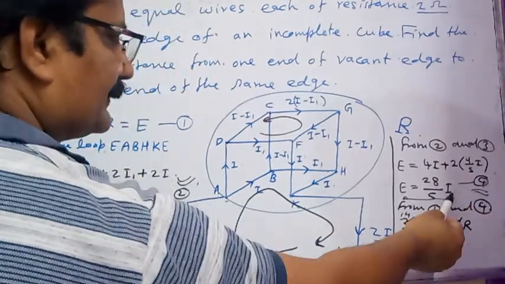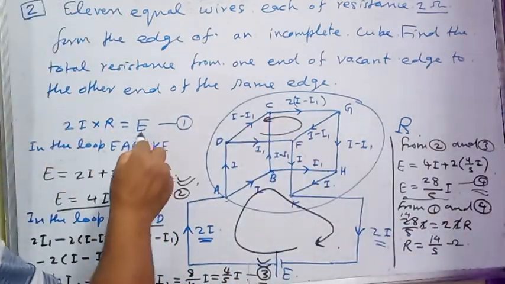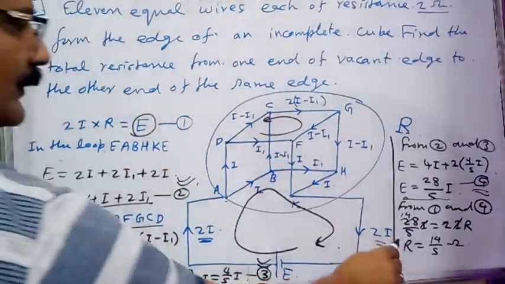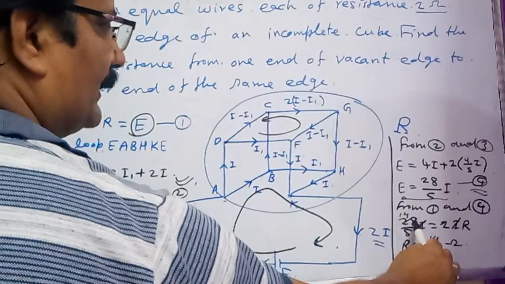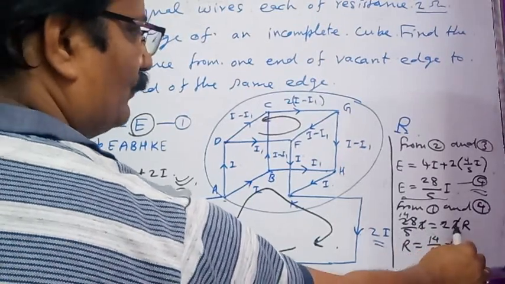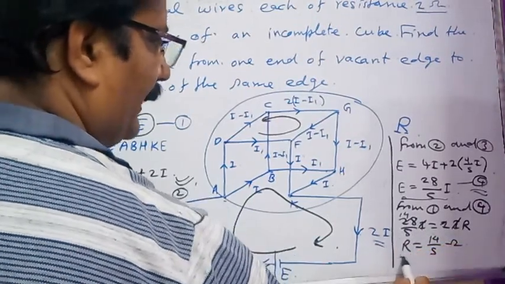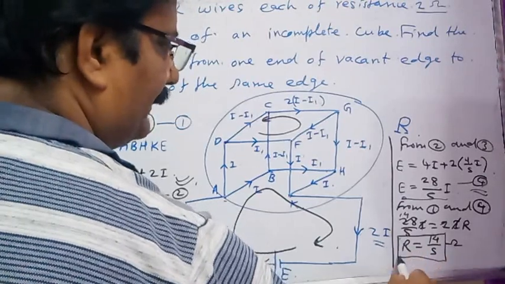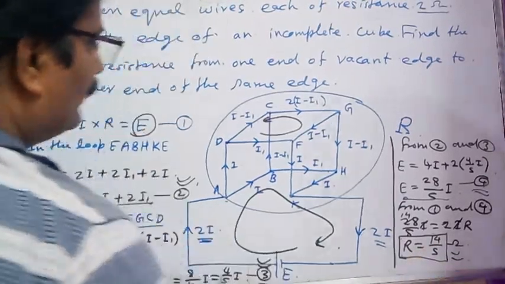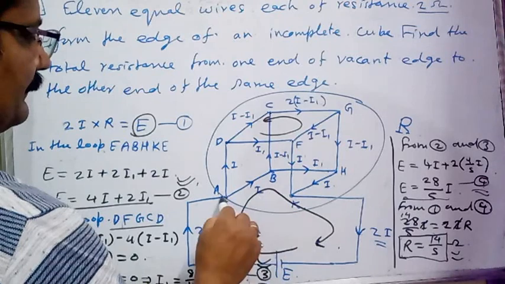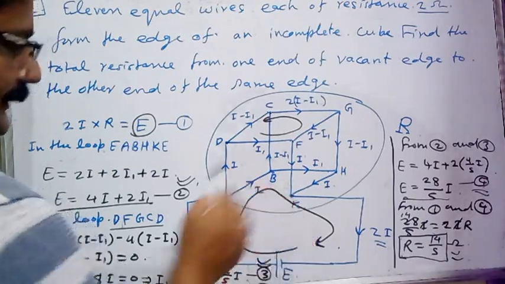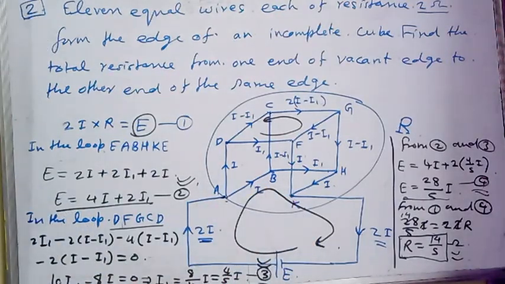Now put this value from equation number 4 into equation number 1 in place of E. You will get 28 by 5 I is equal to 2I into R, and the value of R is going to be 14 by 5 ohm. In this way you can get the resistance of this cube between these two points of the incomplete cube.